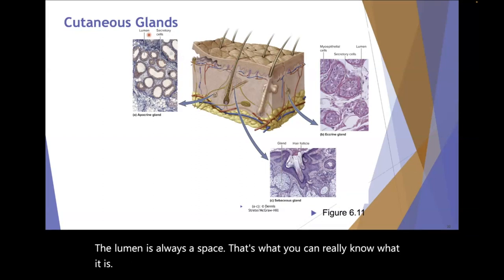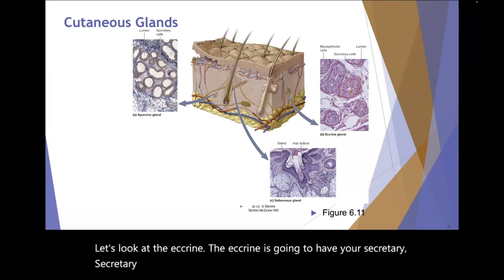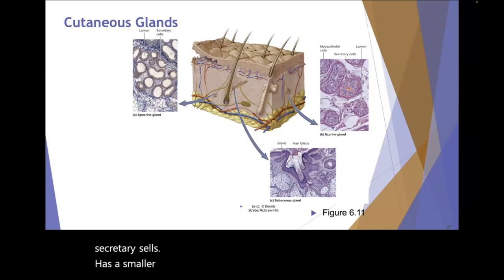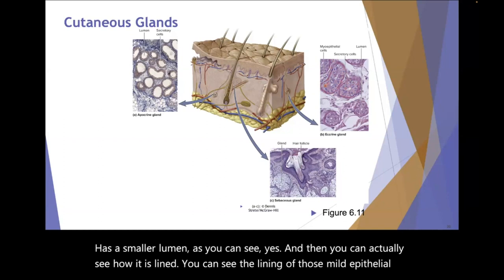Then let's look at the eccrine. The eccrine has secretory cells and a smaller lumen, as you can see. You can also see the lining of myoepithelial cells.